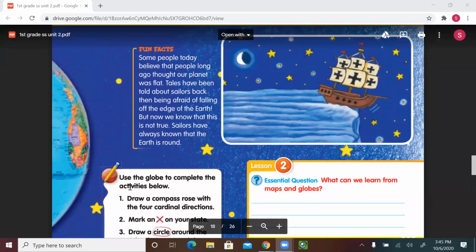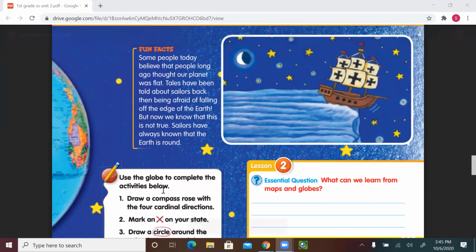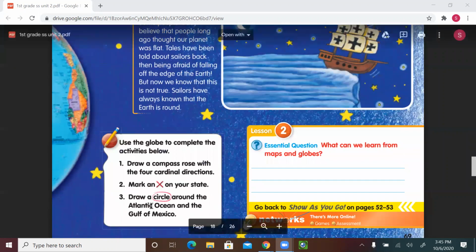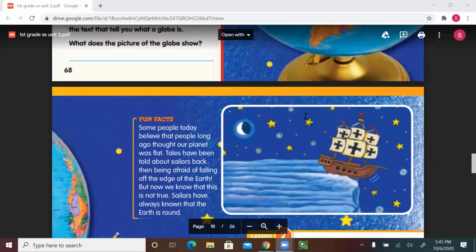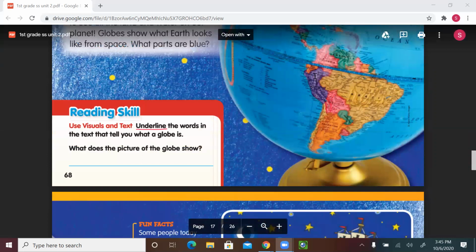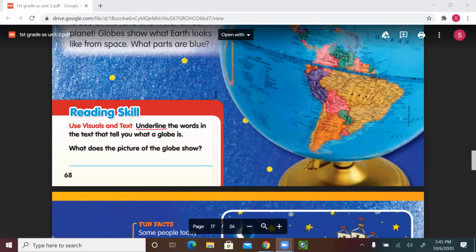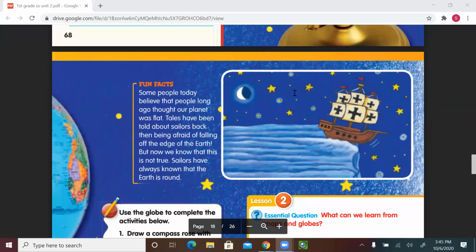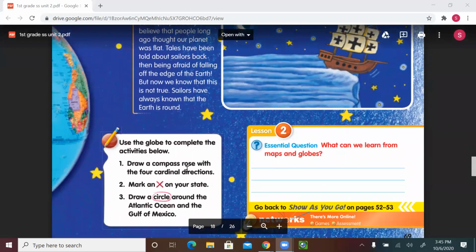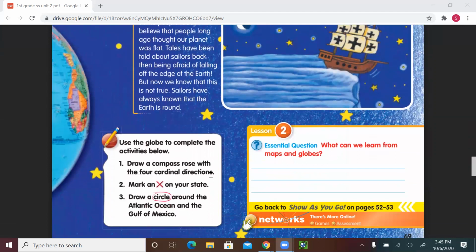All right. Use the globe to complete the activities below. So we're going to look at this activity, and then we need to use the globe up there. You can use your pencil and circle in your picture over here and on page 68. So let's read the question first. Draw a compass rose with the 4 cardinal directions.